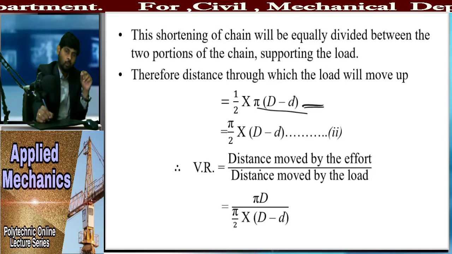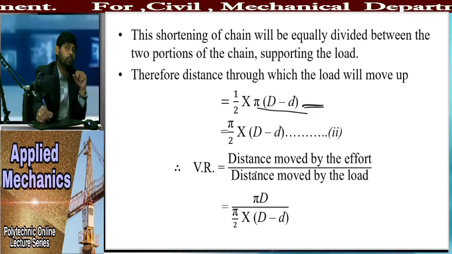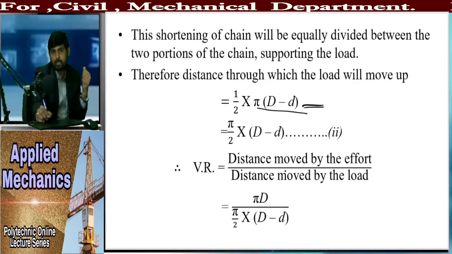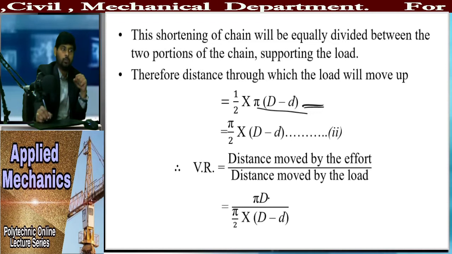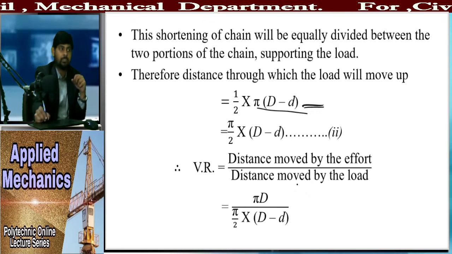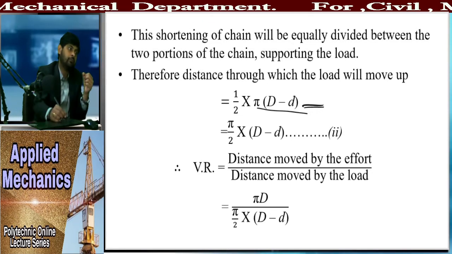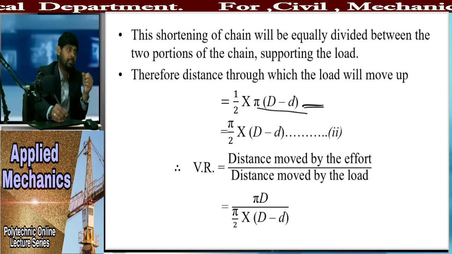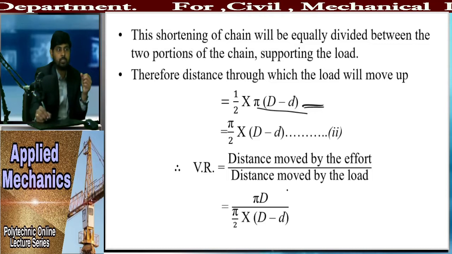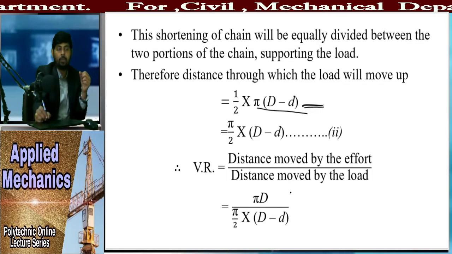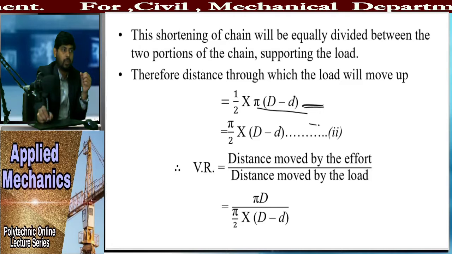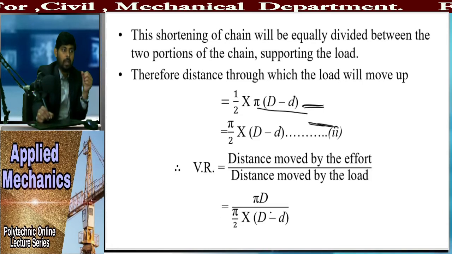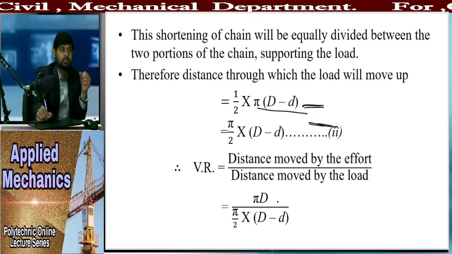So what is the velocity ratio? We know it is the ratio of distance moved by the effort divided by distance moved by the load. Here, the distance moved by the effort is pi D, which we have already found. Divided by the distance moved by the load, which we recently found in equation number 2: pi by 2 into (D minus d).